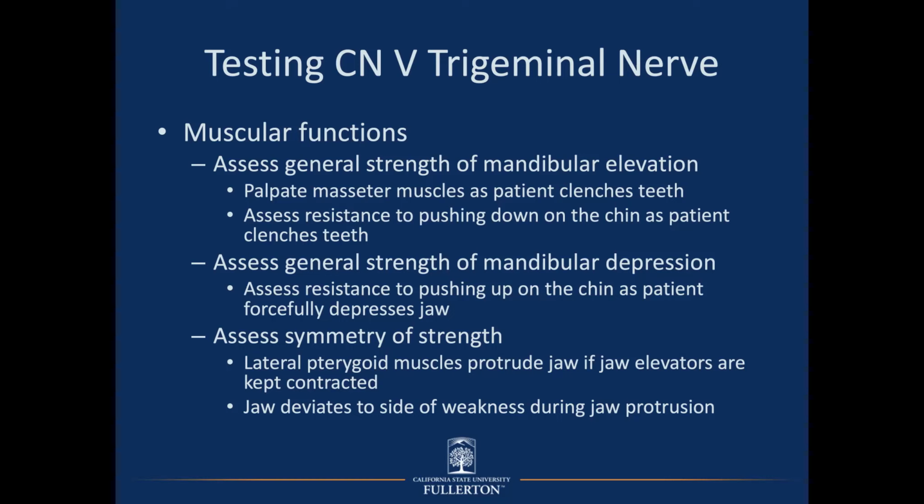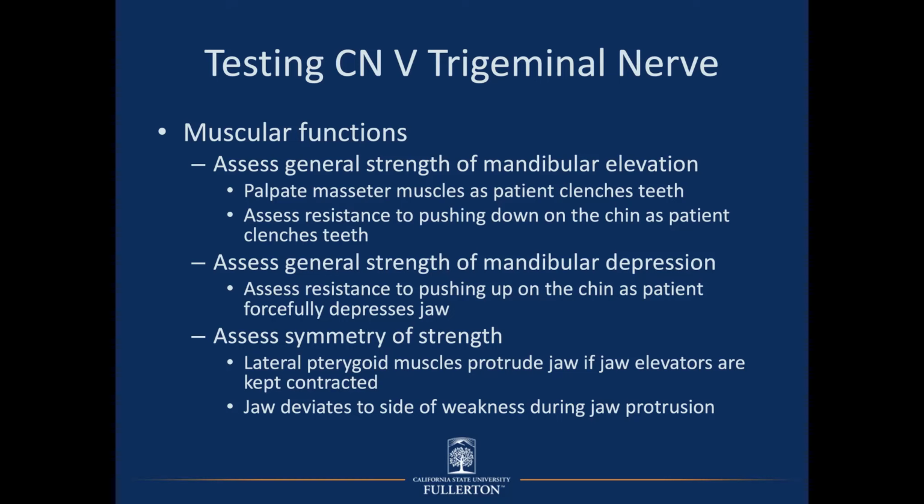They would tend to open the jaw if you just contract your lateral pterygoids and you don't try to keep your mouth more or less closed, you'll open your mouth. That's what they do. But if you keep the mouth relatively closed and just protrude your jaw like this, what's going to happen is if they have a unilateral weakness, and let's say the weakness is on the right, the left one is going to pull out and the right one isn't, so the jaw is going to go like this.